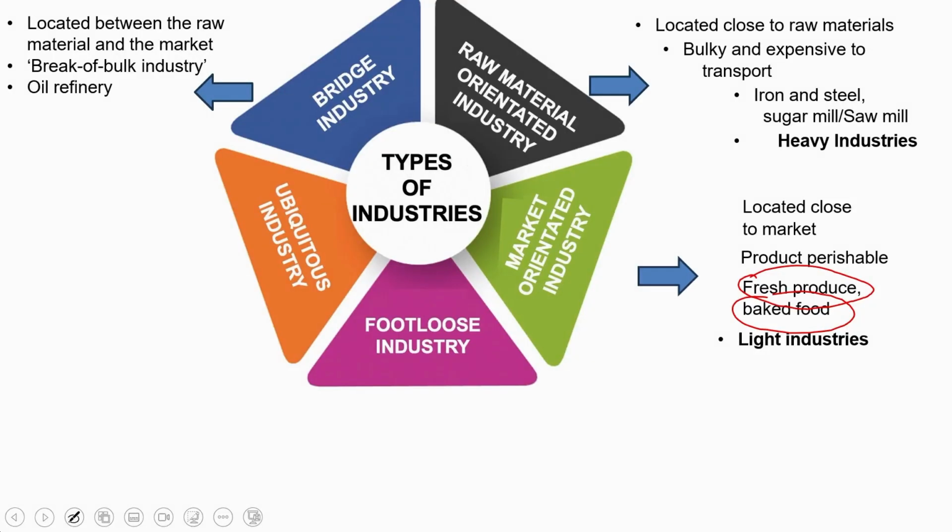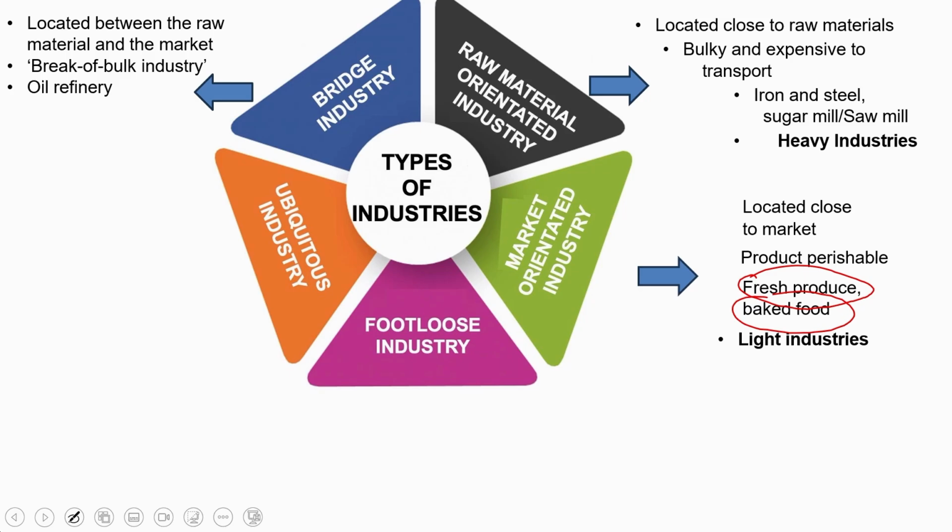Bridge industries are located between the raw material and the market. So this is where the raw material comes in, it's bulky, it's big, and then it gets broken down to smaller pieces. And then it is easier to transport to the market where it is needed the most. So the bulk is broken down, break off bulk industry, okay?